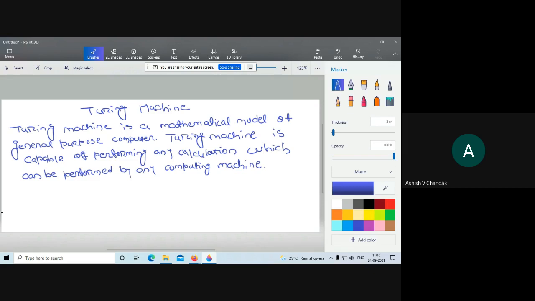Okay, this is the definition of the Turing machine. So it can perform any calculation which can be performed by any computing machine.